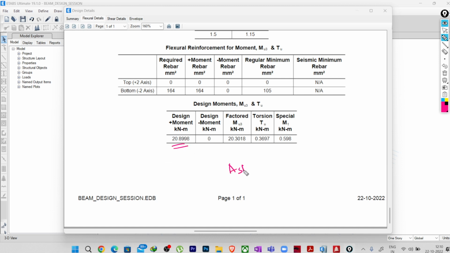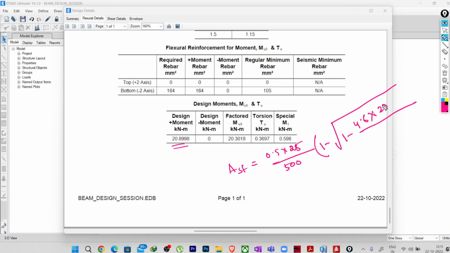Ast equal to 0.5 times fck, 25, by 500, multiplied by 1 minus the root of 1 minus 4.6 multiplied by 20.8998 multiplied by 10 power 6.